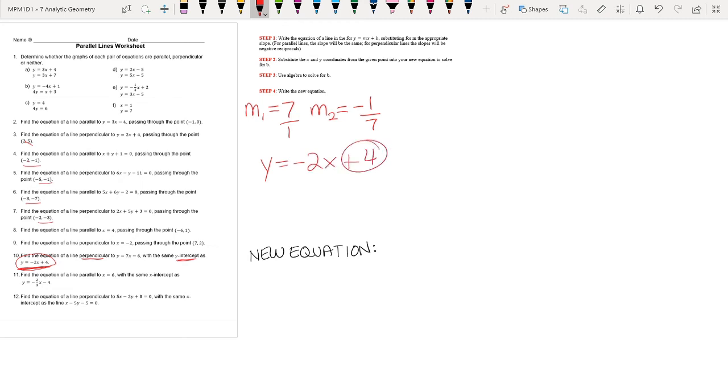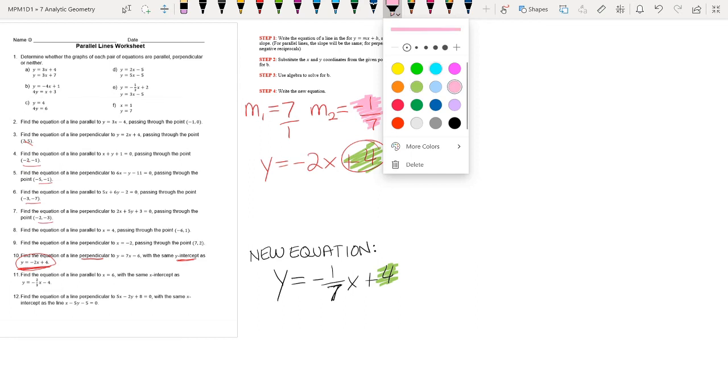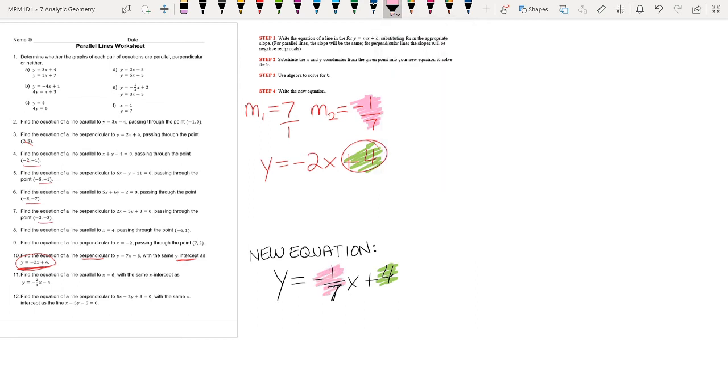Here it is. That's the y-intercept. So let's color code. Here is our slope, here is our y-intercept, and we have our new equation down below, which is going to be y equals -1/7 x plus 4. Very good.